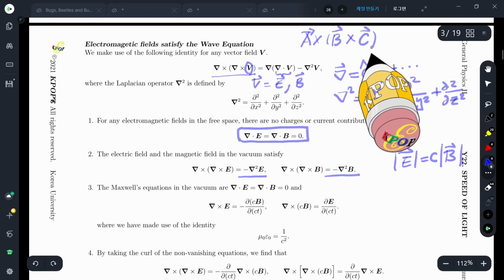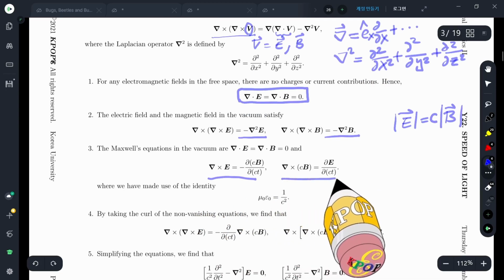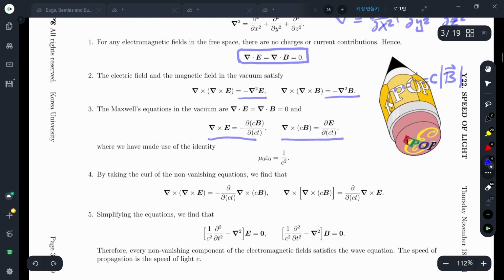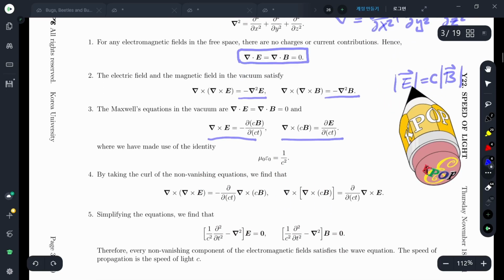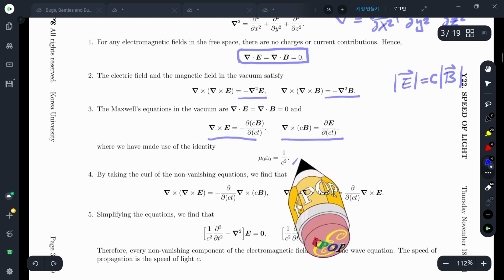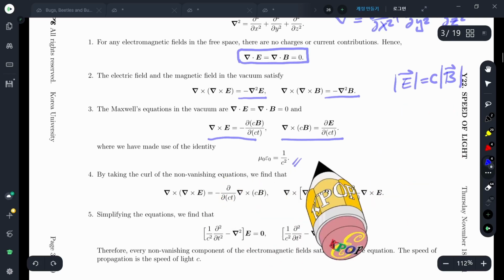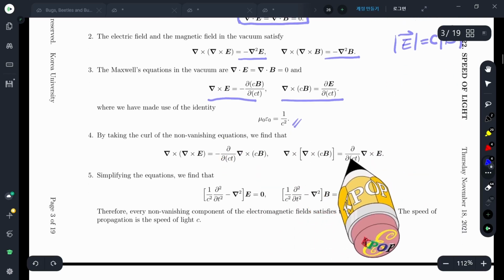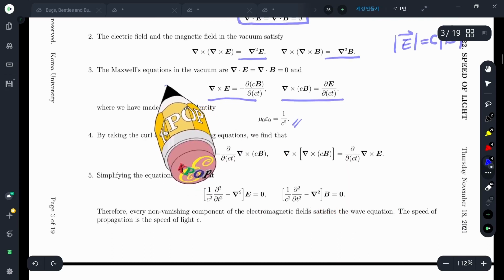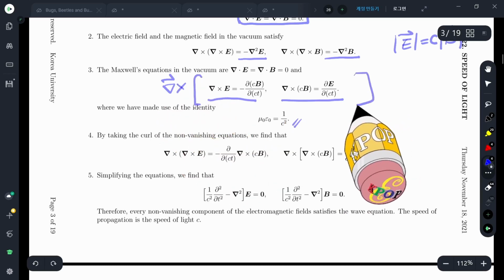So using these results, Faraday's law and Maxwell's law are written in this form. We have just made use of this relation. Why don't we apply the curl operation to both equations?